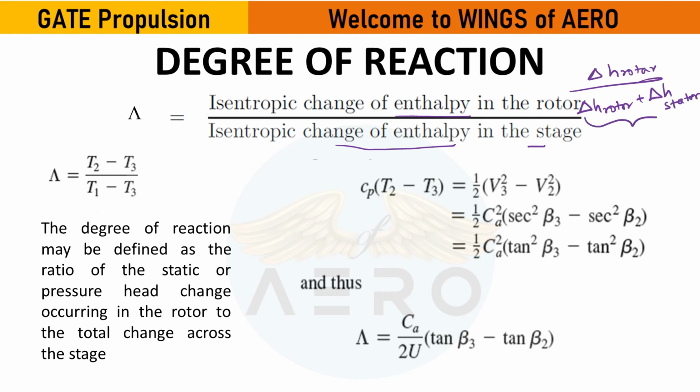The combination of rotor and stator gives the stage. The rotor is point 2 to 3, the stator is point 1 to 2, and the stage is 1 to 3. So it can be written in this form.